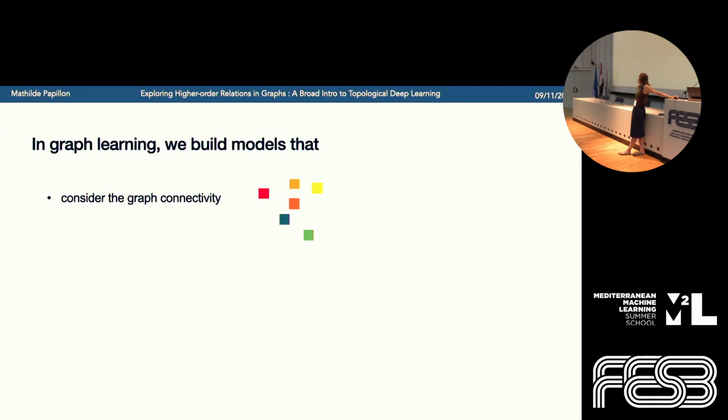Let's dive into what GNNs are, what we do. The most important ingredient in graph learning is considering the graph connectivity. So instead of just sending in our node features, we also have to consider the edges between those nodes, and respect the permutation invariance or equivariance of the graph. Who knows what permutation invariance or equivariance means? Okay, a few hands.